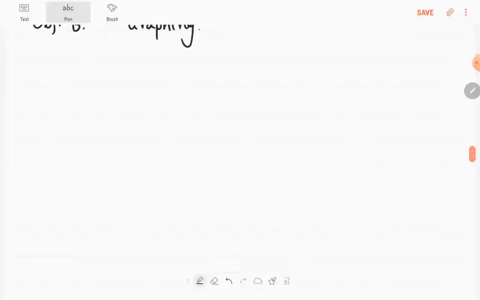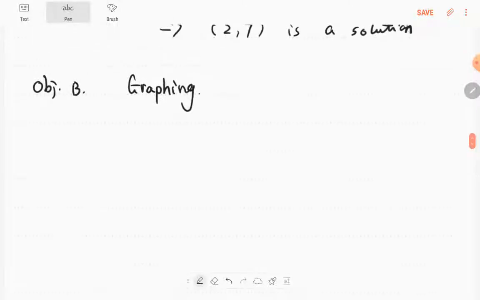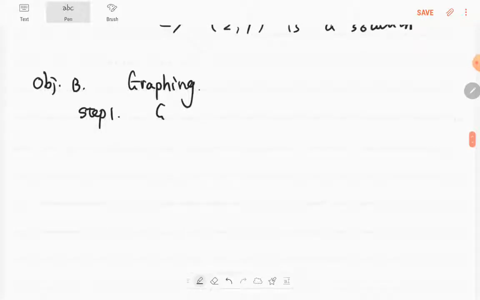For this kind of problem, we have 3 steps. Step 1, we graph the boundary line. That is, we try to graph the straight line first.